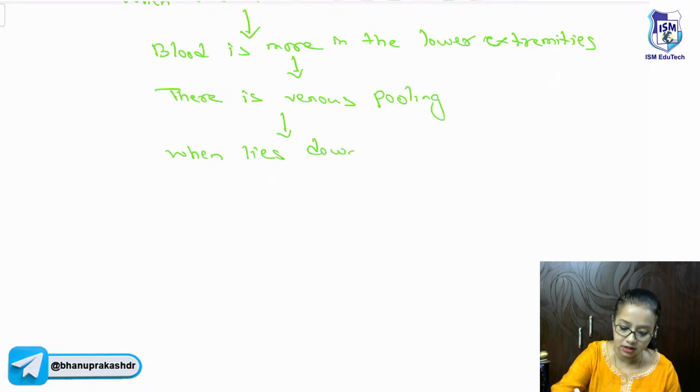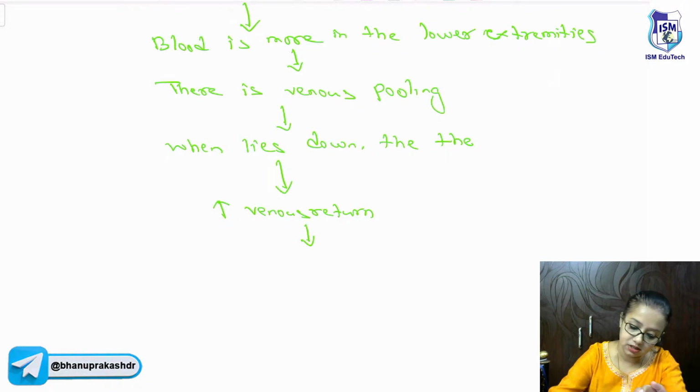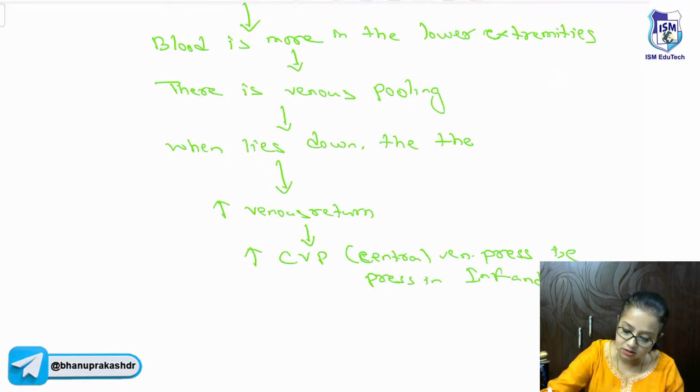Now, when the person lies down, the venous return increases. The person was erect, now lying down in the sleeping position. So the venous return to the heart has increased. Not only venous return, there is an increase in the central venous pressure, that is the pressure in the inferior and superior vena cavas, right?